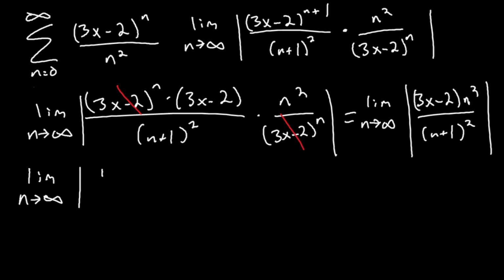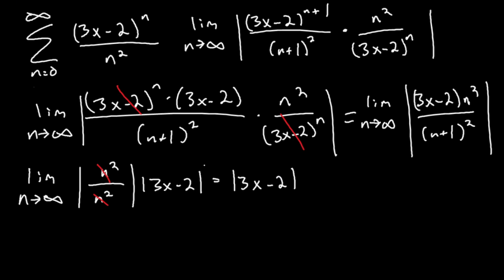So we just get n squared over n squared times (3x minus 2). Once we have this, we simply need to take this limit. We realize that these actually cancel out, so we get just the absolute value of 3x minus 2.